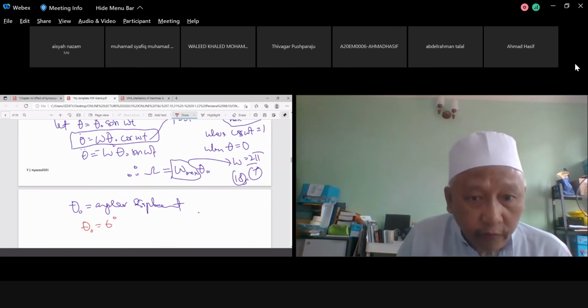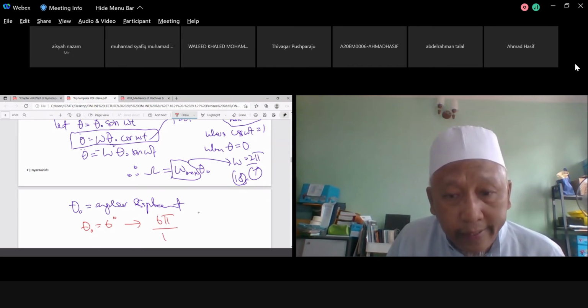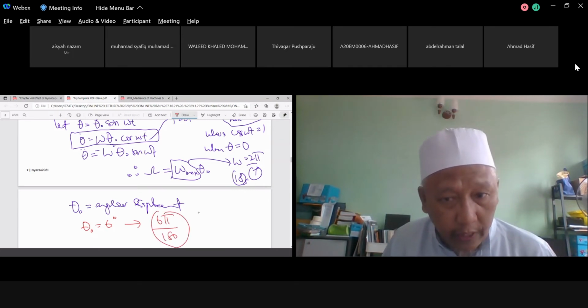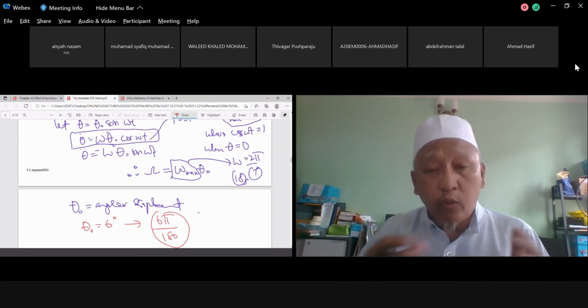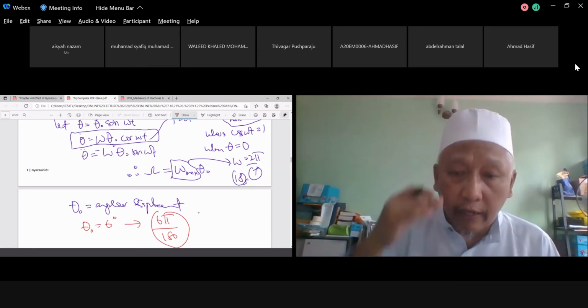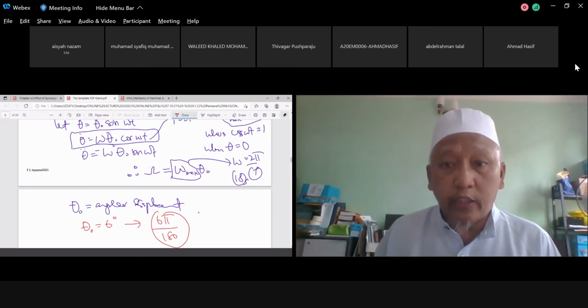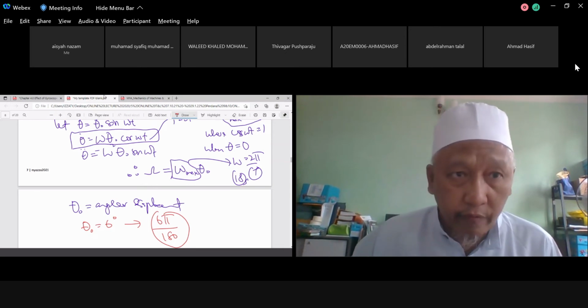But of course, you need to convert this to radians, where you have the 6 degrees multiplied by pi over 180. Convert from degree to radian. You cannot take 12 degrees because they measure the whole thing from extreme to extreme. But if you measure from the level to the extreme, then you take 12. So you have to look at the question very, very carefully.